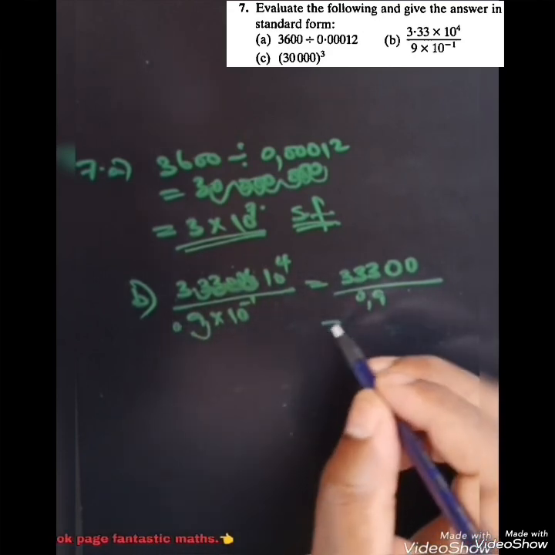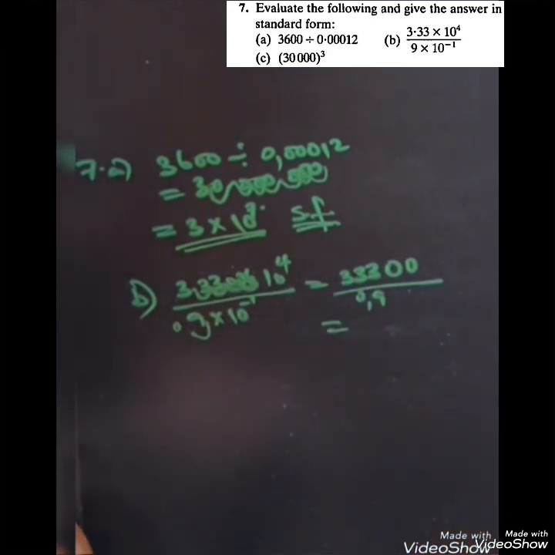Right, so we need to divide 33,300 by 0.9. Let's see what the answer is.